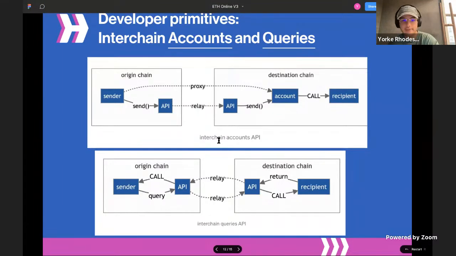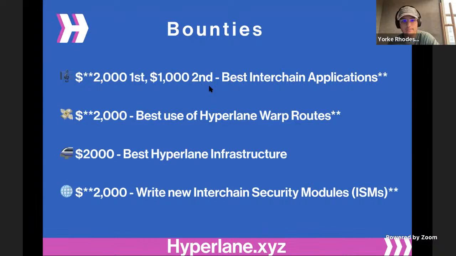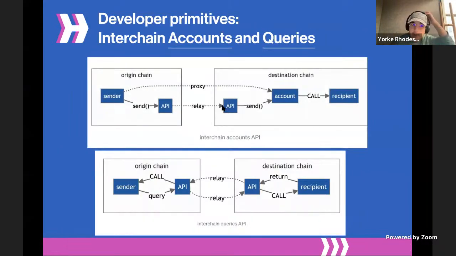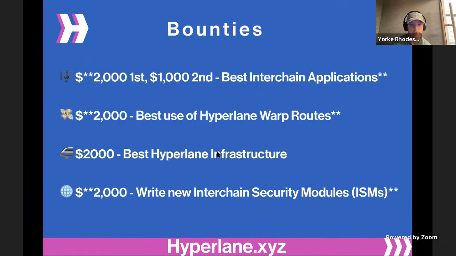We've talked about MetaMask snaps as a potential bounty here. If you wanted to create some sort of wallet integration or plugin that leverages some of this interchain account stuff, so that as a user, you don't need to know what chain you're on or what chain you're interacting with, and Hyperlane underneath the hood handles all of the cross-chain balance management, cross-chain calls, etc. There's a lot of possibilities here.